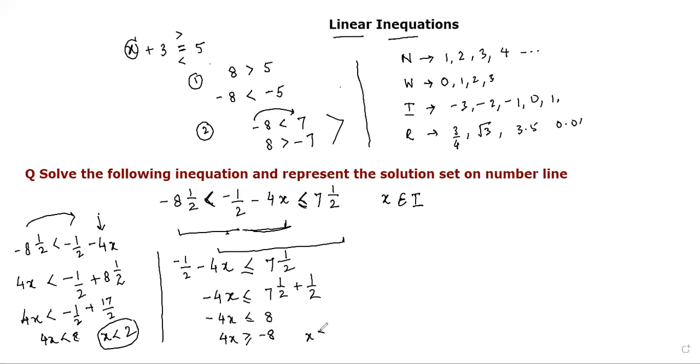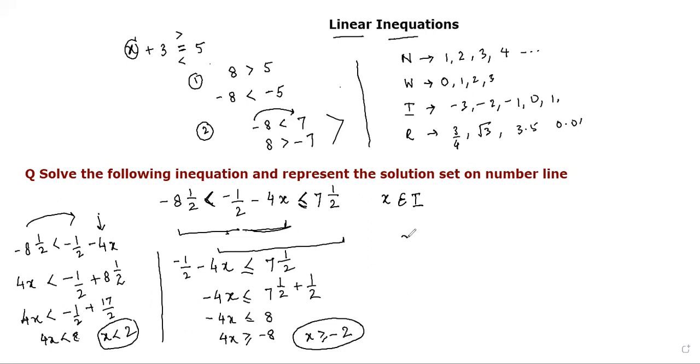X becomes greater than equal to minus 8 upon 4, which is minus 2. Now this is the second inference of the second part of the inequation, right? So what I'm getting is x is less than 2 and x is greater than equal to minus 2.